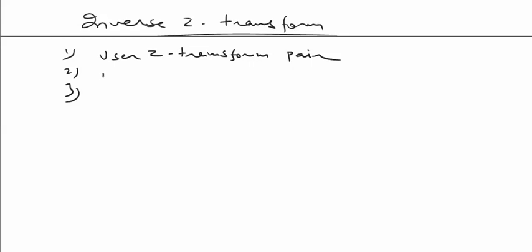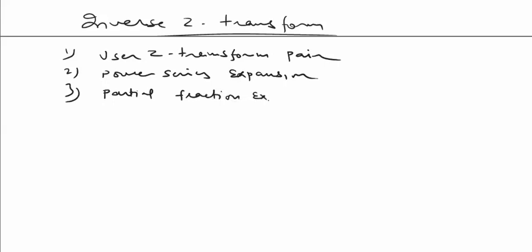Second idea is power series expansion. Third idea is partial fraction expansion. Any of the three ideas can be used for the inverse Z transform.